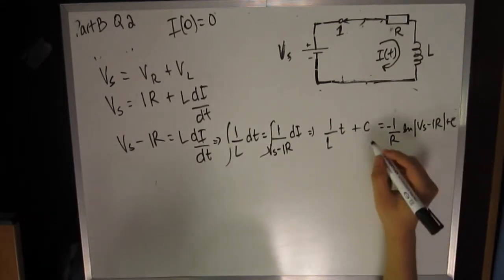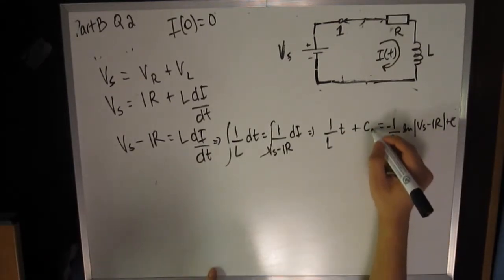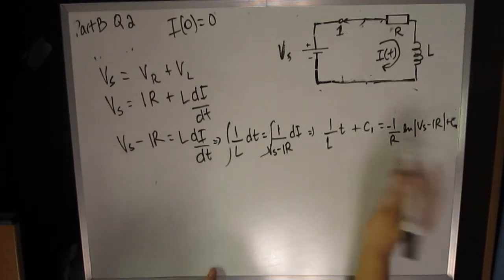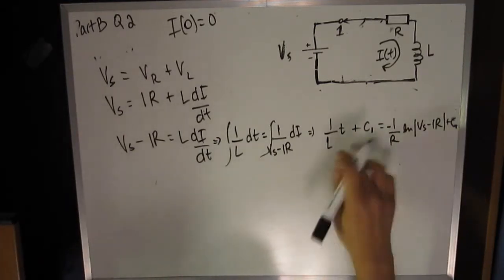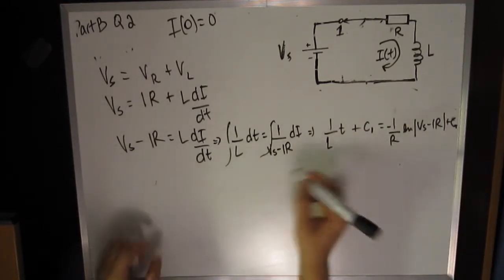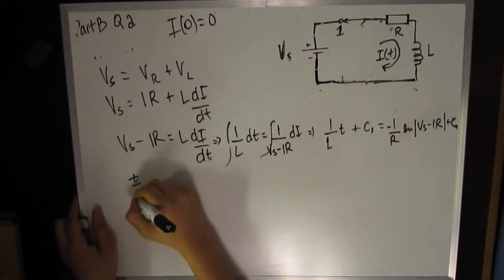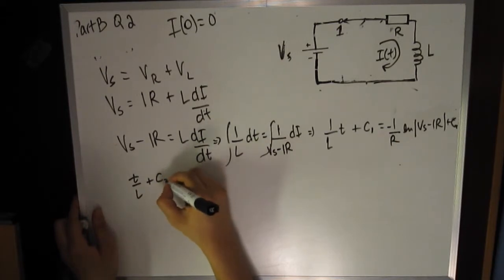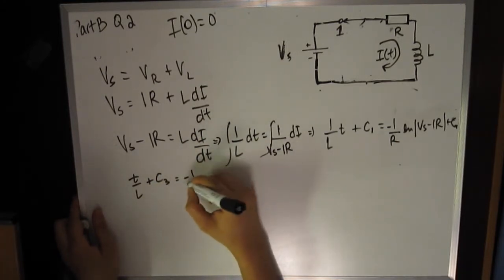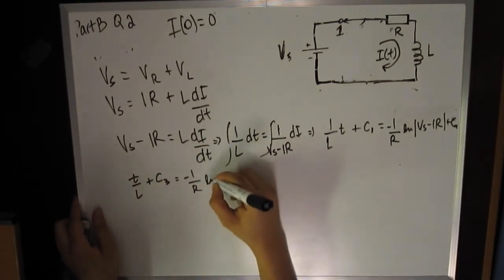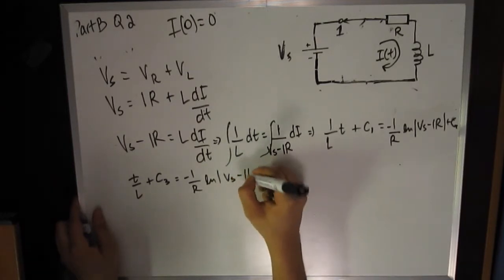Since they both are c's, they're obviously not the same c, so it'd be best to label them c1 and c2. You're going to get a c3 by combining these two, and what you'd probably want would be t over L plus c3 is equal to negative 1 over r, all multiplied by ln Vs minus IR.